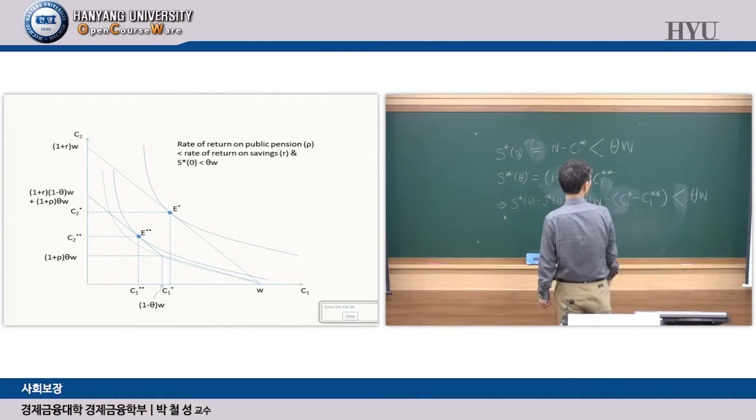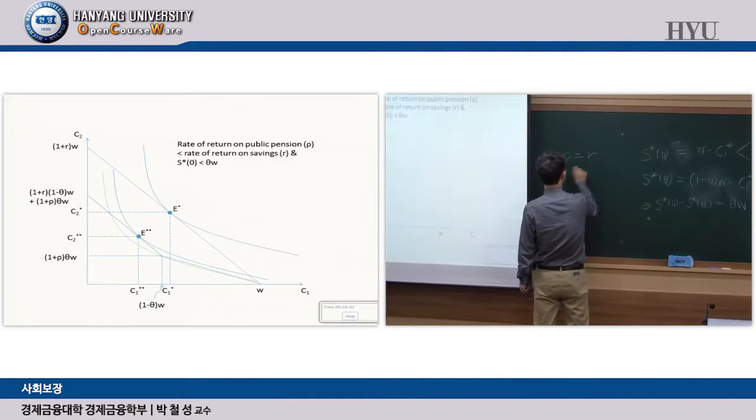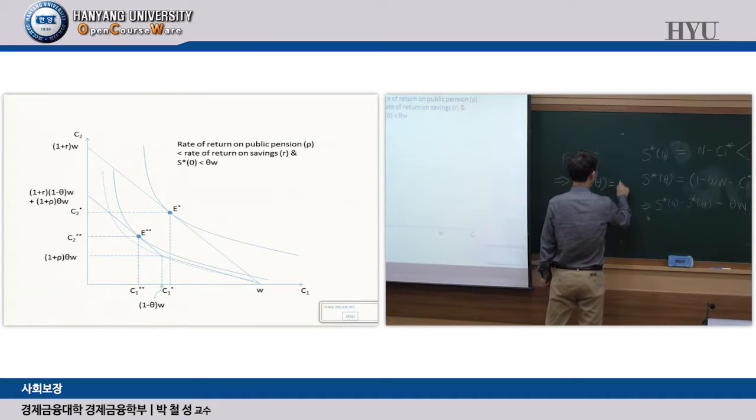If rho equals R, then S star theta is 0.